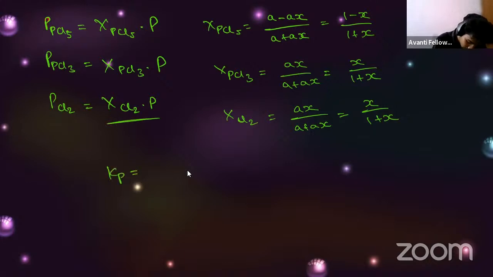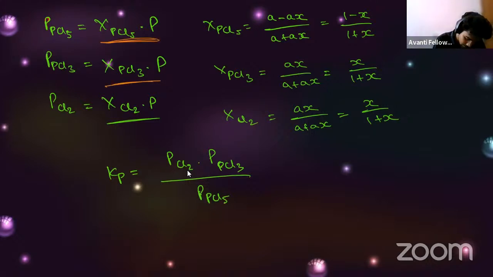Now, after substituting, substitute these values in Kp. Kp is nothing but partial pressure of Cl2 into partial pressure of PCl3 by partial pressure of PCl5. Substitute these partial pressure values here, as well as mole fraction values. For Cl2, the mole fraction is x by 1 plus x into total pressure.